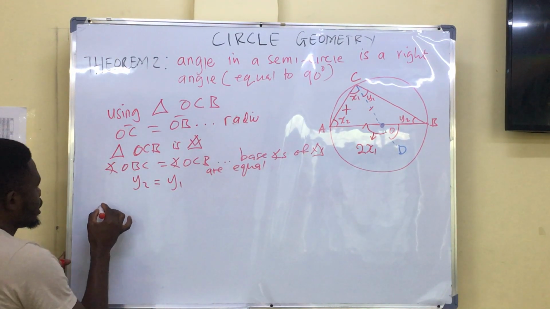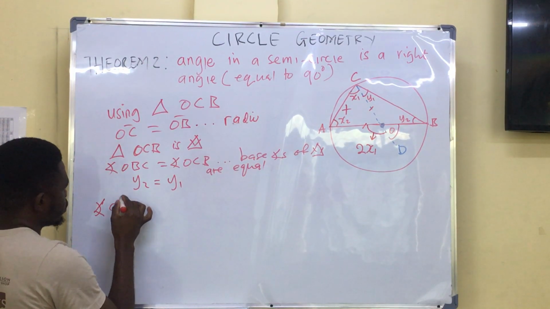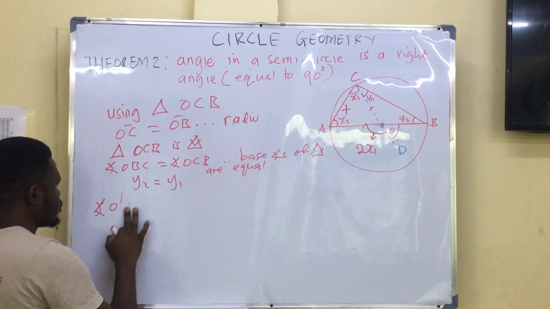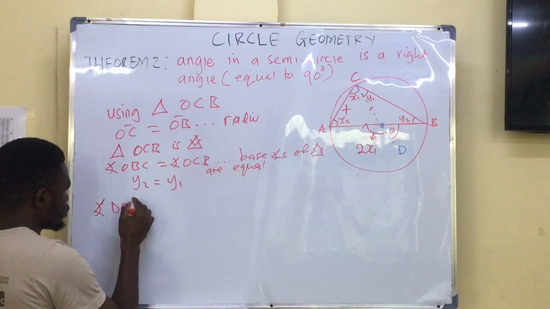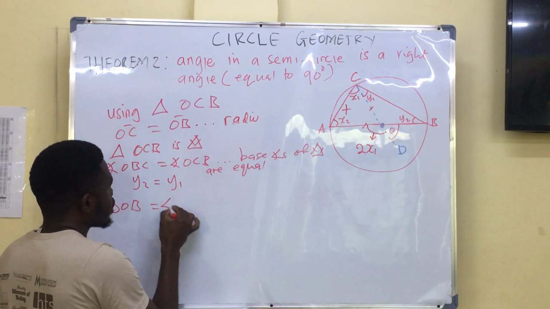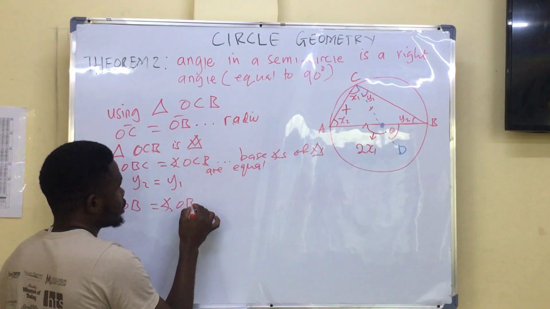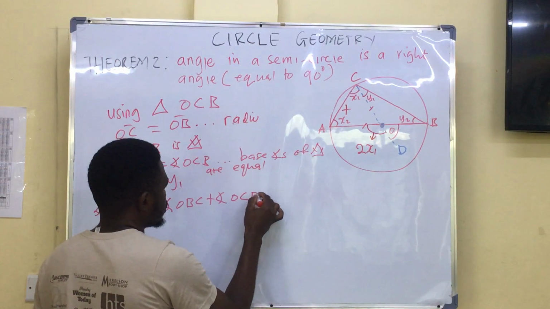So angle DOB is equal to angle OBC plus angle OCB.